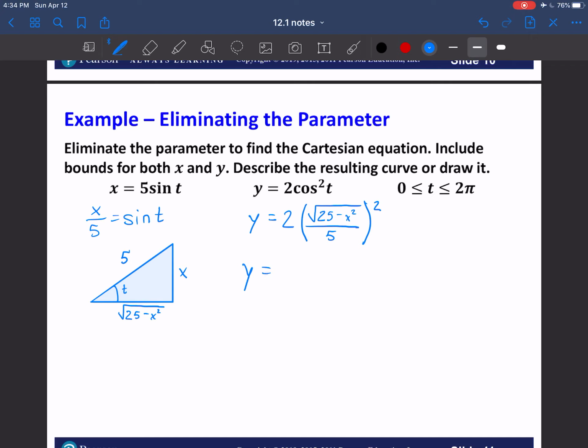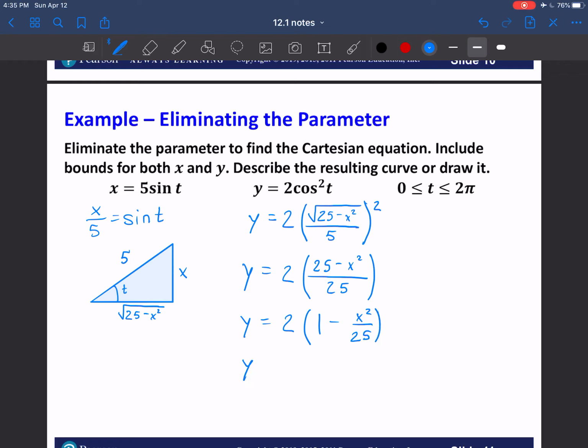Alright, so let's simplify this a little bit. We're going to end up with 2 times 25 minus x squared all over 25. Well, we can split up that fraction. We would really just get 1 minus x squared over 25.